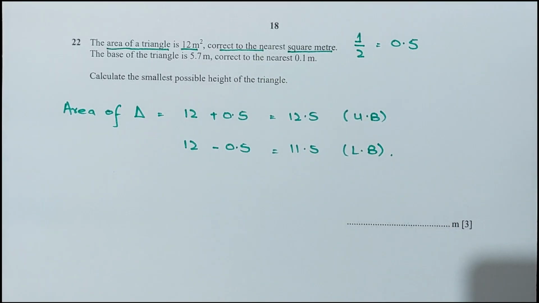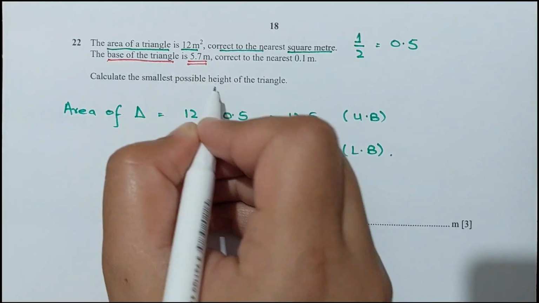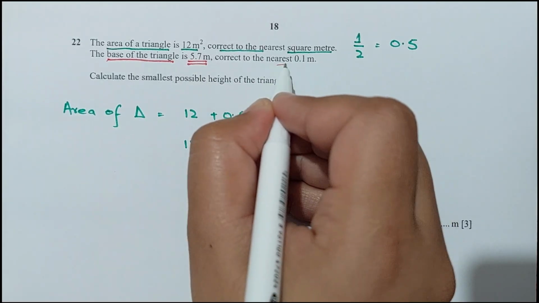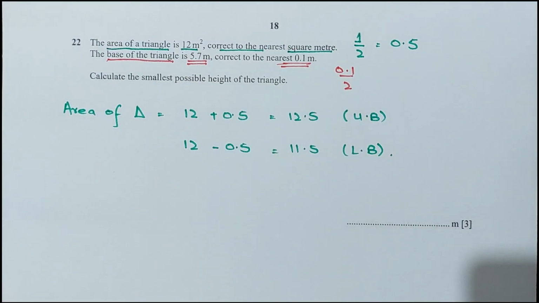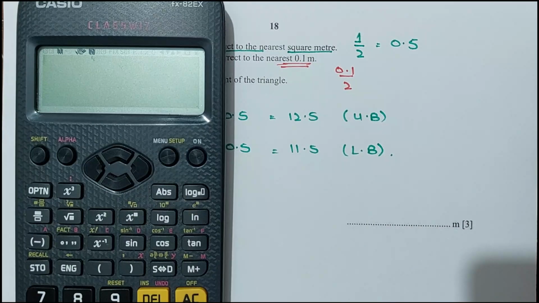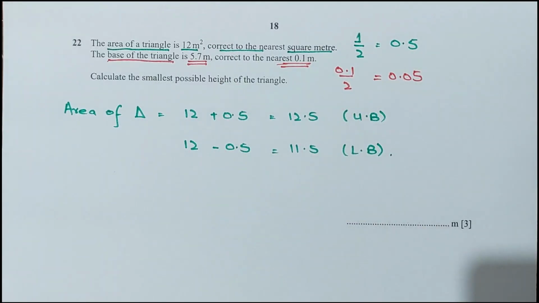Okay, next, the base of a triangle is 5.7 meters, correct to the nearest 0.1 meter. So 0.1 divided by 2, I guess this is 0.05. Let me double check. Yes, 0.05. So you have to add and subtract.